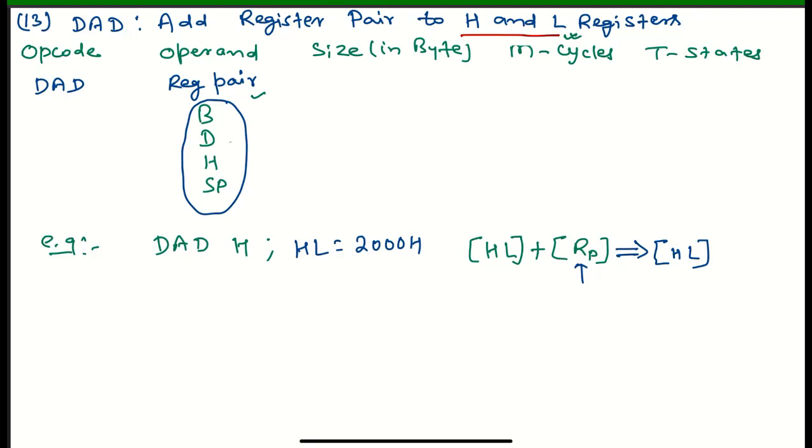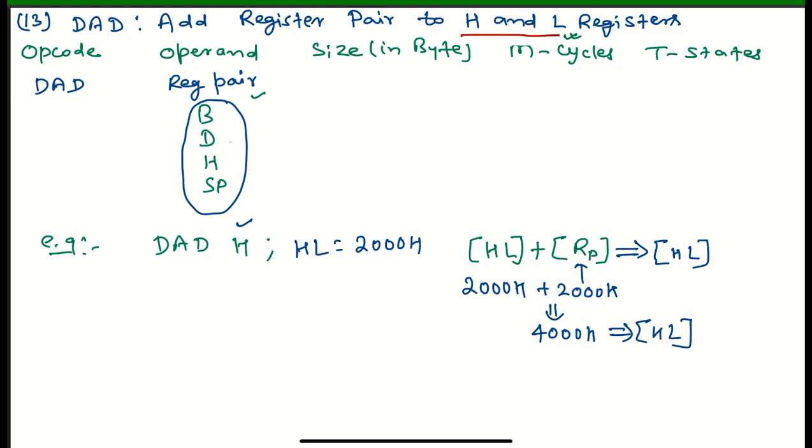So HL is given here as 2000H, and as a register pair I can take HL also. So this HL is 2000H. Now after performing the addition, it becomes 4000H, which will be stored into the HL register pair itself.